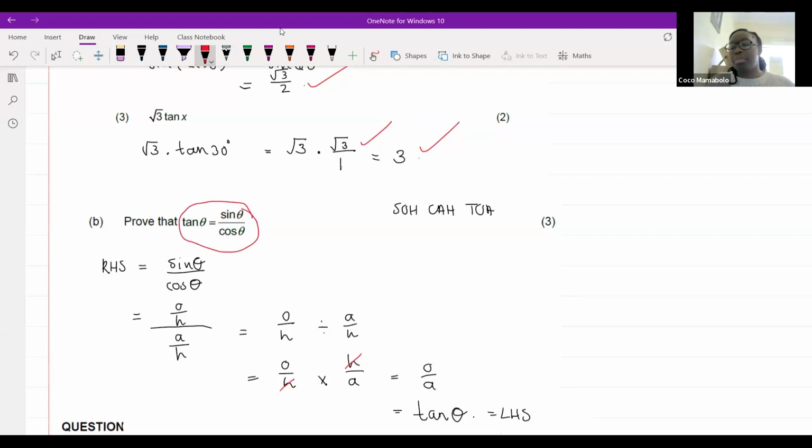All right, and it comes up quite often. It's called the tan identity. All right, can I move on to the next one?